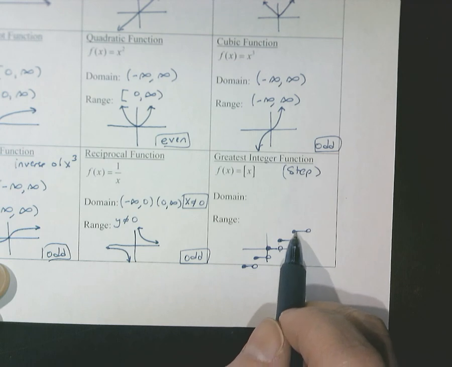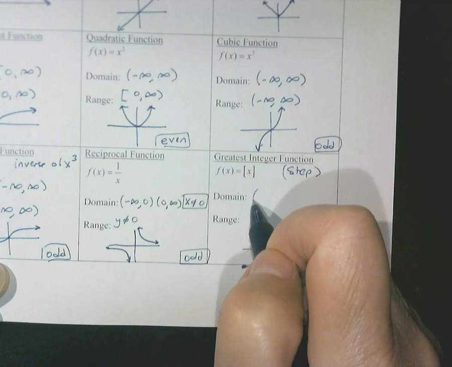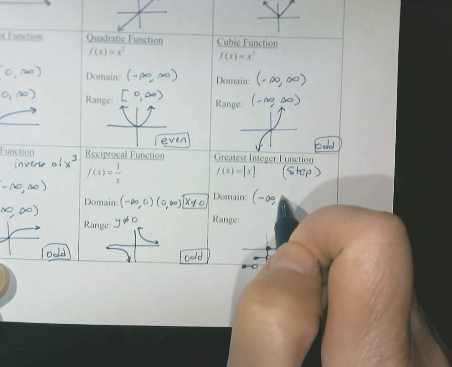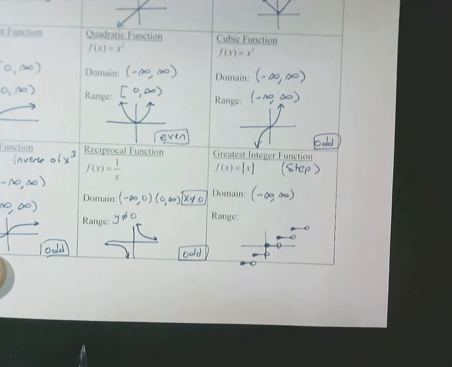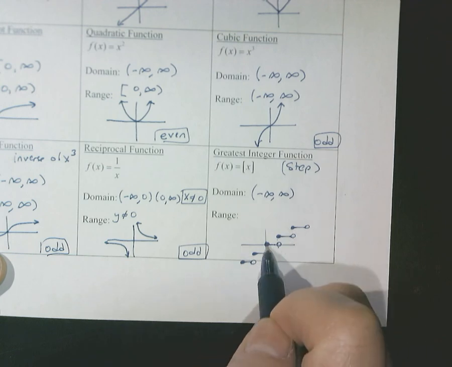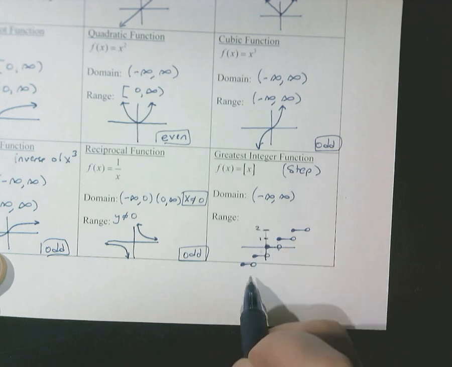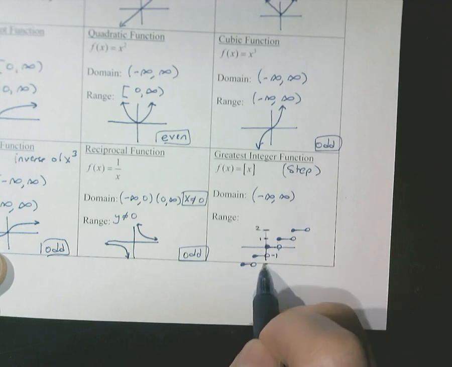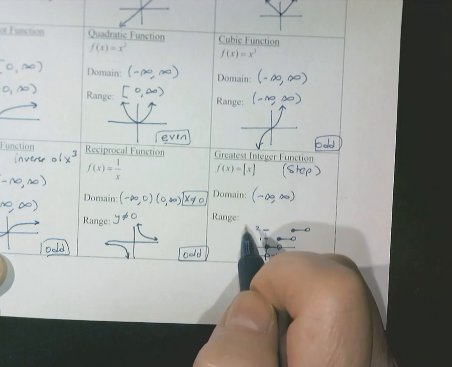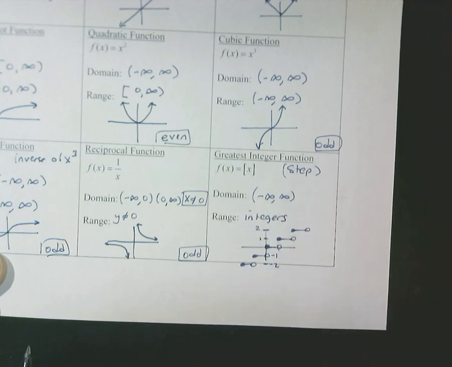Where this open circle is, straight above is a closed circle. And this continues in all directions. So my domain is going to be all real numbers. But the range on this function, these are only going to be integers. So this is 0, this is 1, this is 2, this is -1, this is -2, and it keeps going in that way also. So I'm going to say it's just integers.